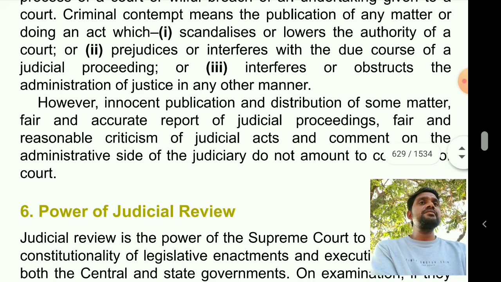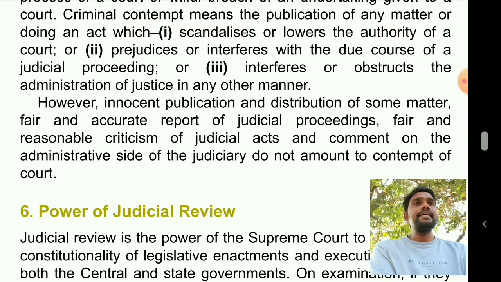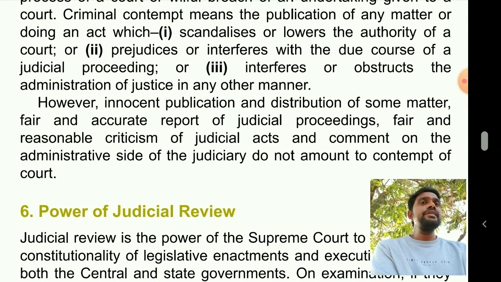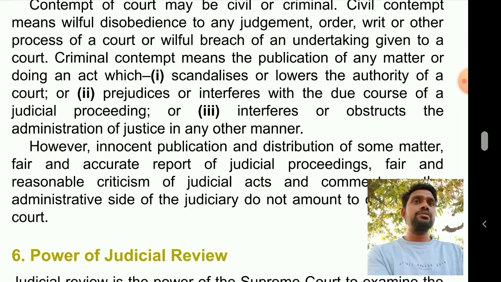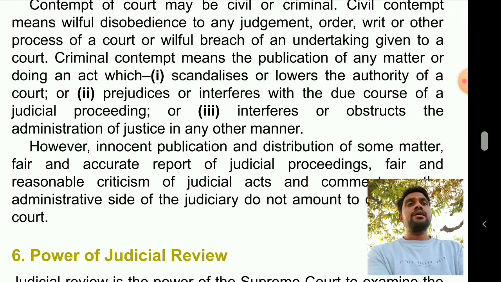Criminal contempt means the publication of any matter or doing an act which, first, scandalizes or lowers the authority of a court, second, prejudices or interferes with the due course of a judicial proceeding, or third, interferes or obstructs the administration of justice in any other manner.